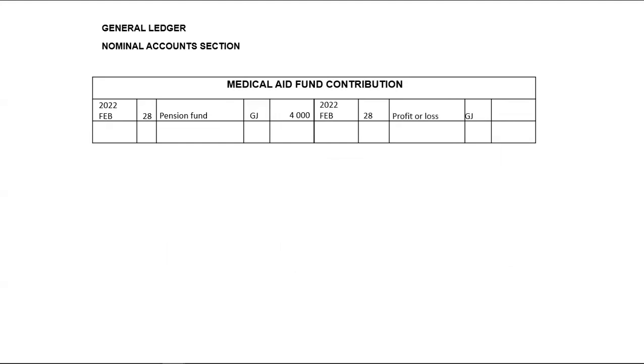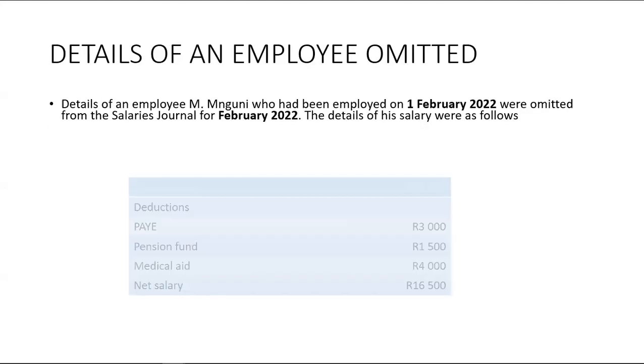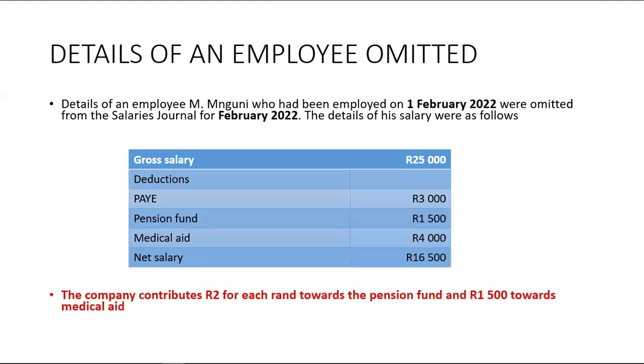And in this case, we didn't actually contribute 4,000 rand. Let me just check how much we as the company contributed. We deducted 4,000 rand from his salary. He contributed 4,000 rand. We, as the business, contributed 1,500. Remember, at the moment, the total cost to company is 28,000, and then we contributed an extra 1,500.